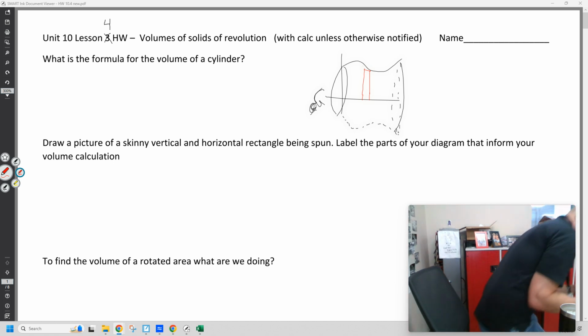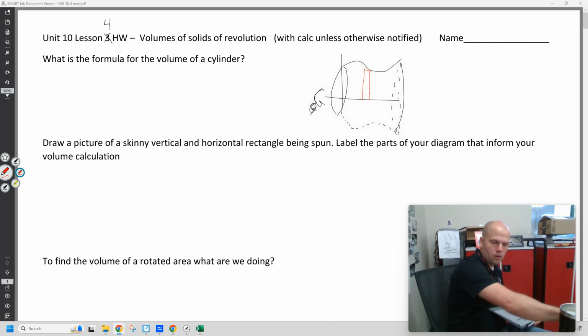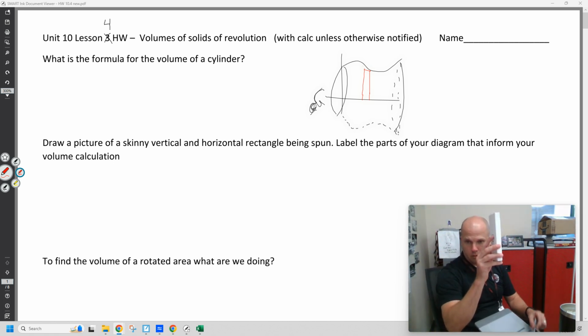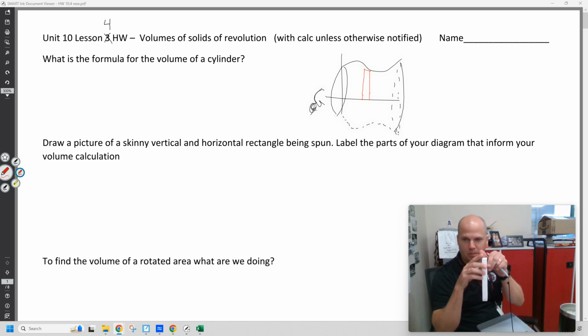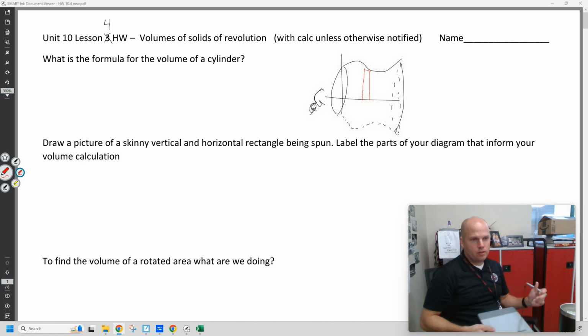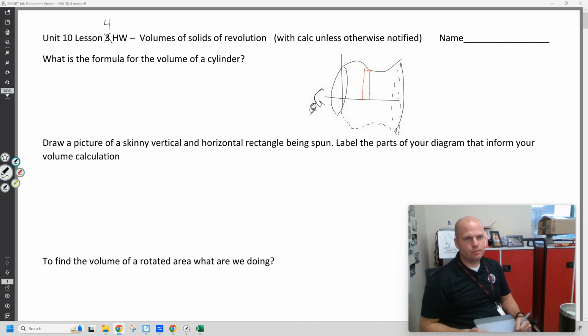Cylinders, based on starting with rectangles and spinning them, make something like a tire. Now, the volume of a cylinder is very simple. It's pi r squared h. But let's take a rectangle and spin it.